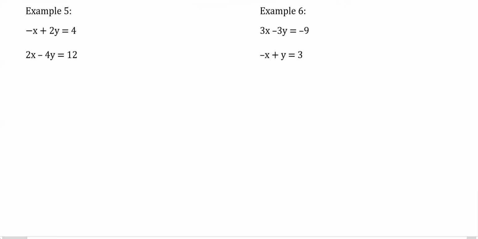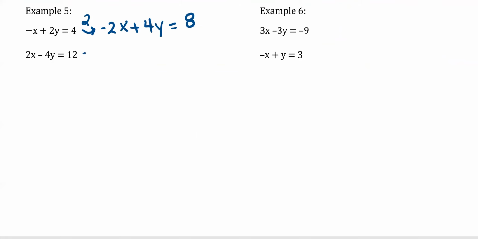All right, number 5. If we multiply the first equation by 2, we will have opposite coefficients for y. So we have negative 2x plus 4y equals 8. And I'm going to leave this equation alone. You might notice something going on here.